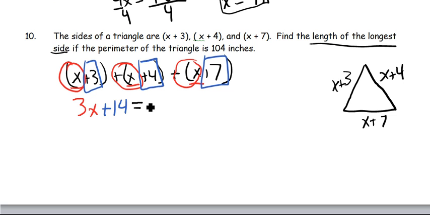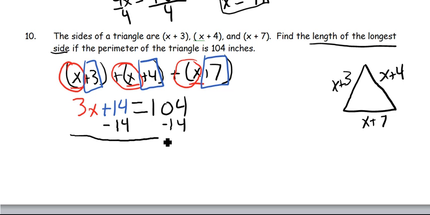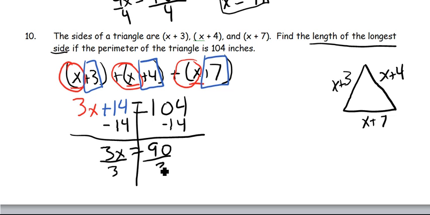And we know that the perimeter is 104 inches. All right, so we're going to subtract the constant again. We have 3x equals, let me draw that line for you, 90. Divide by the coefficient, and we get x equals 30.